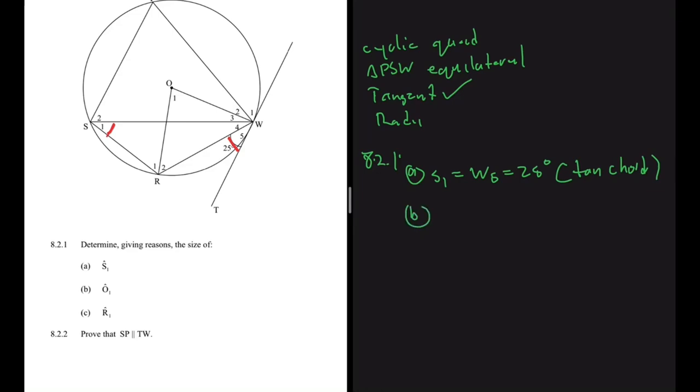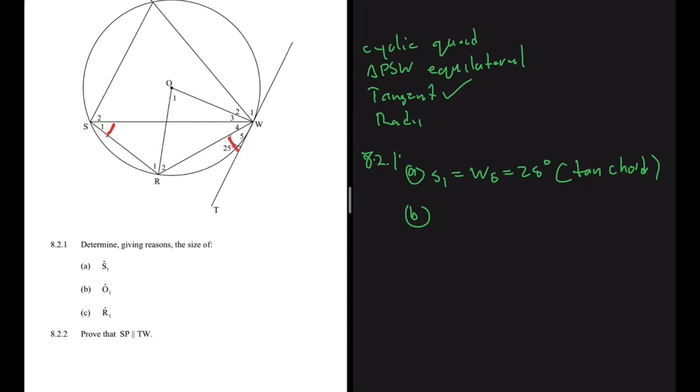And then let's move to B. B says let's find O1. Again, we're not thinking about anything else other than the 4 keywords we have. Cyclic quad, there's no immediate connection between O1 and the cyclic quad. Angle PSW, O1 is not an angle on PSW, right?